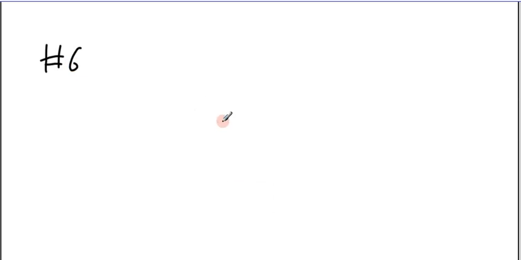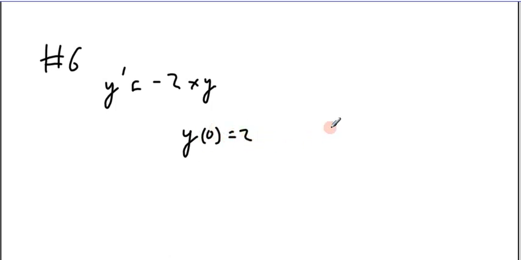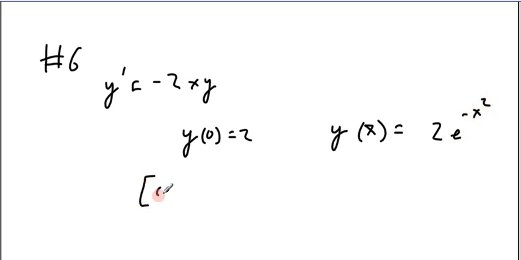And in number 6, we want y prime to be minus 2xy. And we want y at 0 to be 2. And we want the real answer to be e to the minus x squared. We're going on an interval of 0 to a half again, and we're using an h of 1/10, in case anybody was wondering.